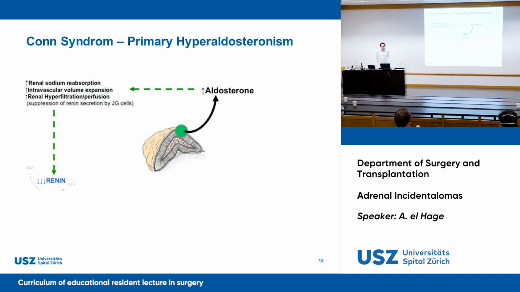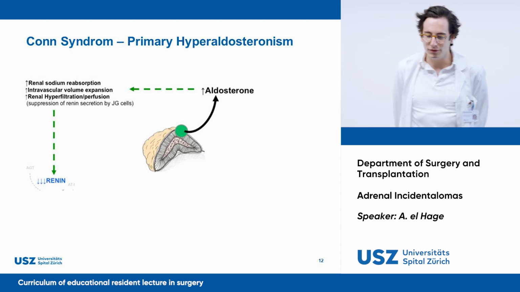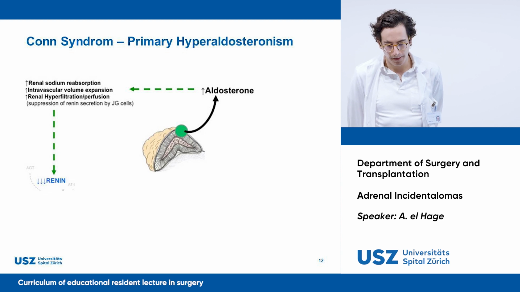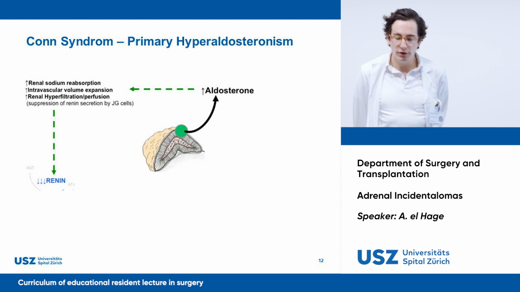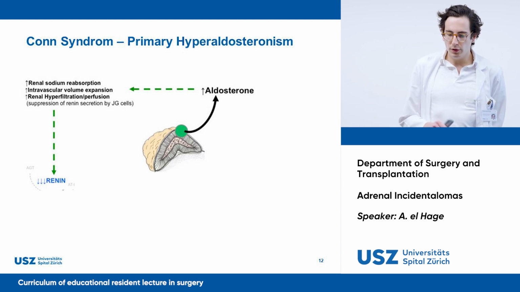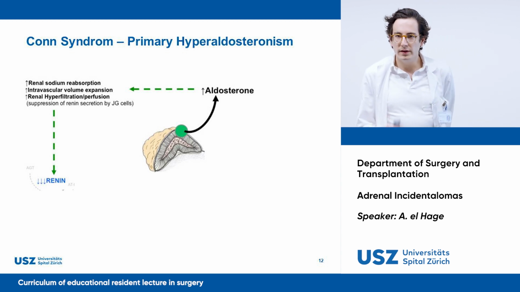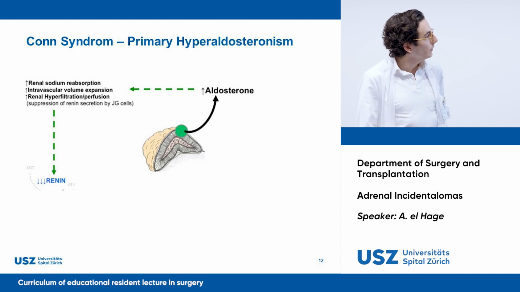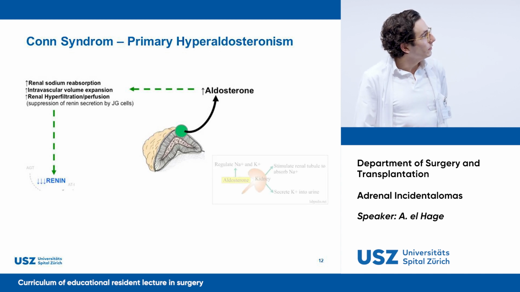Let's take a deeper dive into the hormone-active tumors. The Conn syndrome. You all certainly remember the RAS system that is responsible for the regulation of blood pressure. Well, when you're facing a primary hyperaldosteronism, you have a tumor in the adrenal glands that is producing too much aldosterone. Now, what is that going to do?